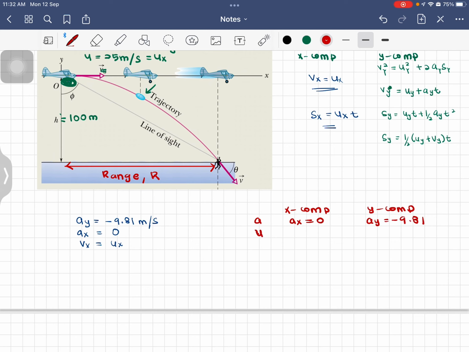For ux equal to u, which here is 25, and uy is equal to 0. For vx, it is equal to ux, which is also 25.